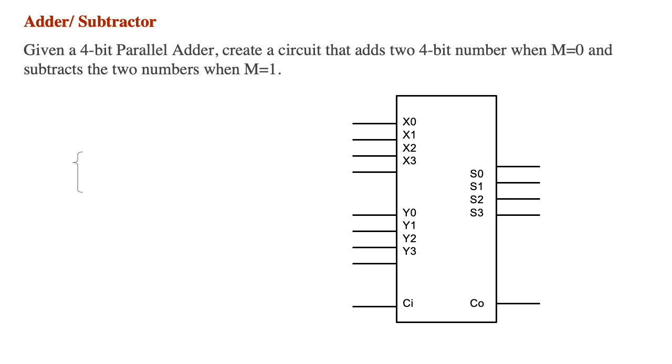If m is 0, do addition. And we learned that for adders, the Cn or the carry in bit must be 0 if you're adding. And for subtractors, we said earlier that Cn must be 1. So we can say that Cn is equal to m, right? So we've solved part of the problem. We can say Cn is equal to m, so we can connect m to Cn.